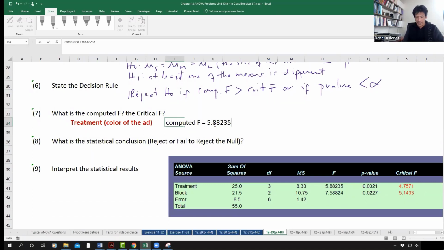And then the critical F along that same row is 4.7571. Okay? What's the p-value? The p-value associated with that row, the treatment, is 0.0321.